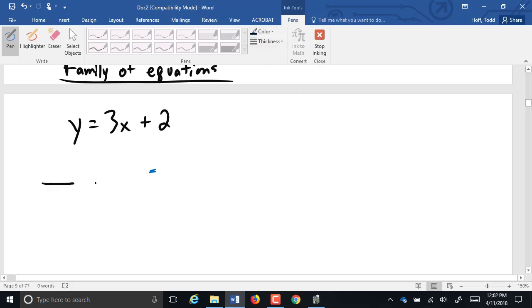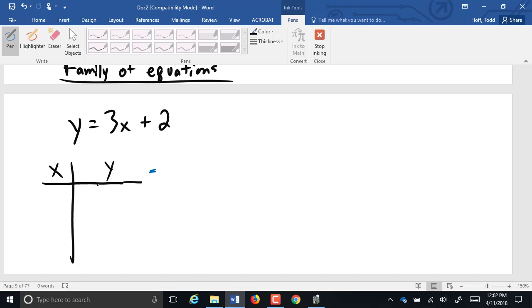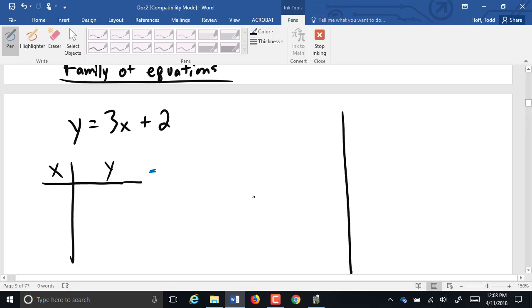We can try to list them all out, listing values for x and what the corresponding value for y would have to be. But there's no way we can list all of them because there's an infinite number of solutions for this. So what we can do is graph them. And on the graph, we can draw in a curve, and the points on that curve represent the solutions to the equation.